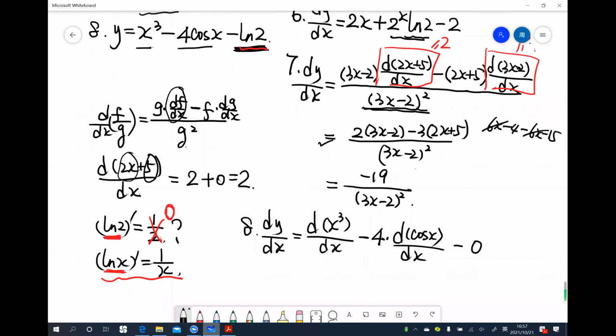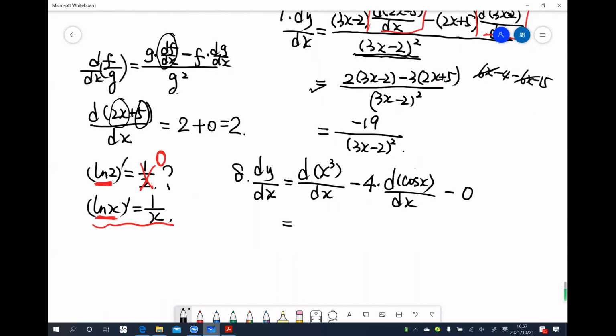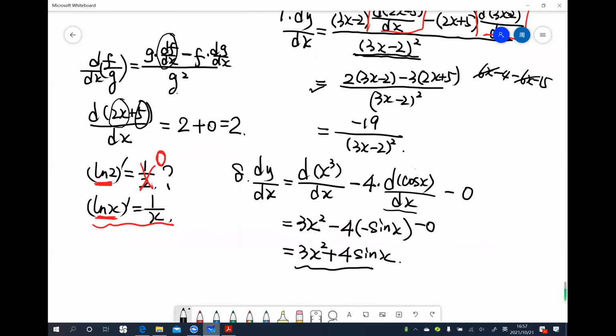So that equals to 3x squared minus 4 times minus sine x, right? From the formula, and minus 0. So we can get the result, that is 3x squared plus 4 sine x. So this is the result of number 8. Any questions?